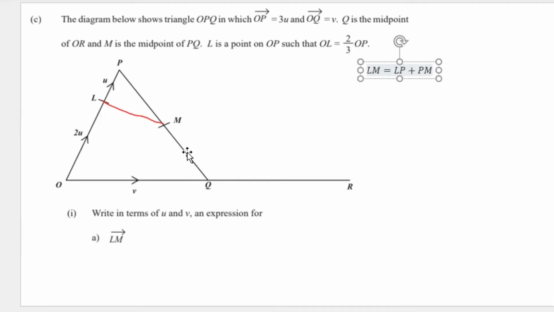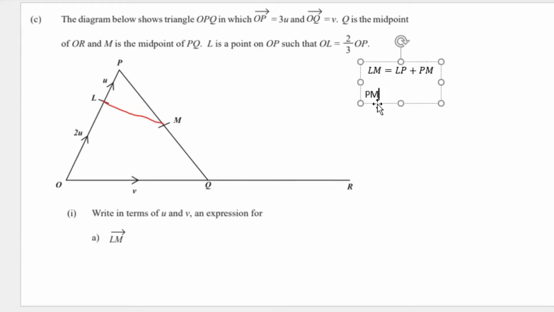So what we need to do is first, they told us that M is the midpoint of PQ. So we'll need to find the vector PQ and then multiply it by a half, which will get the midpoint. So that's what we're going to do first. We're going to find what PM is.